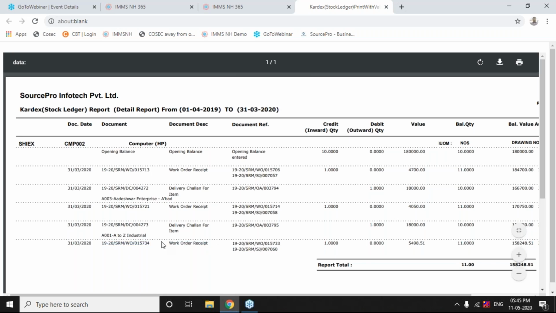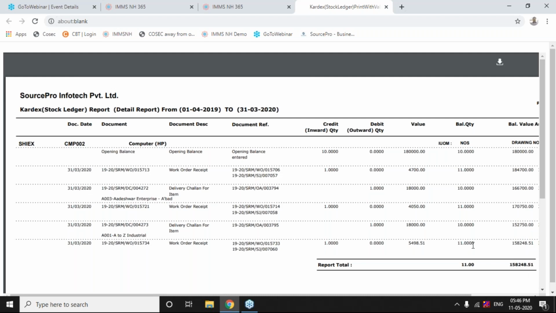This work order receipt is 15734 for work order number 733 for SGO number 7060. All the information is available. Credit of 1 because this is a store ledger. The value is the issue value plus the shop floor contribution, and this is the balance value and balance quantity. That is what we are trying to show.